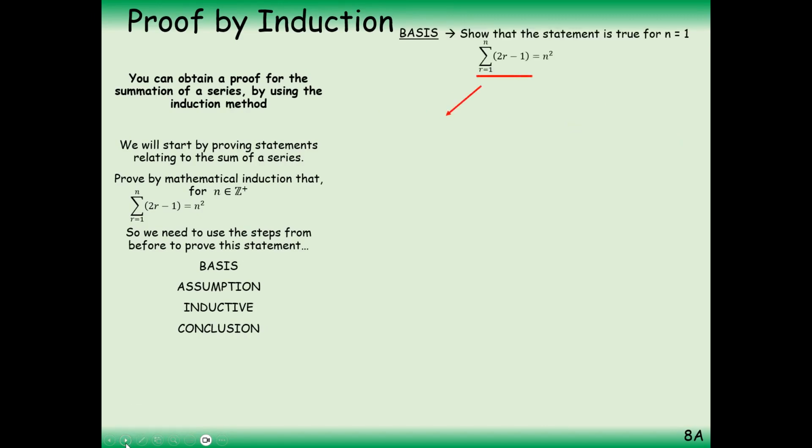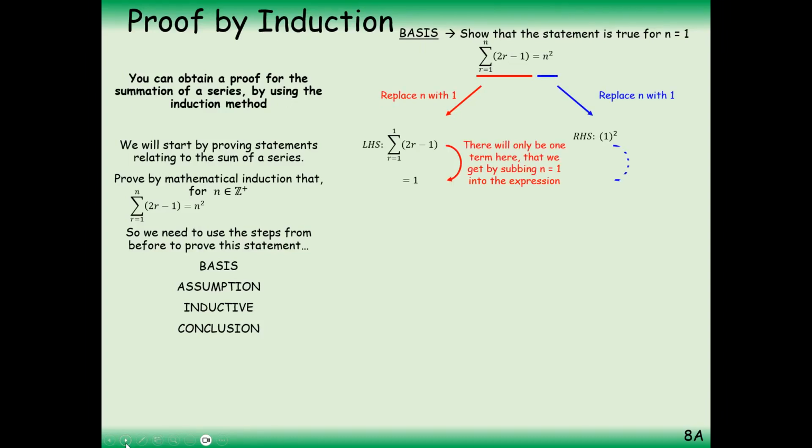Okay, so we went through the stages and we calculated the left hand side and right hand side for the basis step. Now we're going to make the hypothesis assumption. This is not difficult at all. All you have to do is change the value of n and use a different letter. The common letter we use is k. You just rewrite the formula with the letter k.